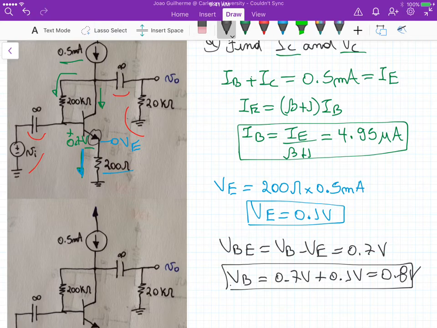And if we know the base voltage, we can now calculate the collector voltage.